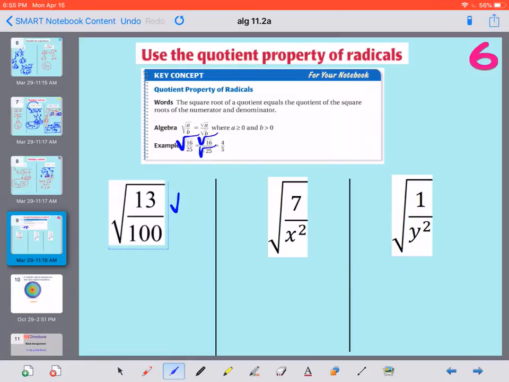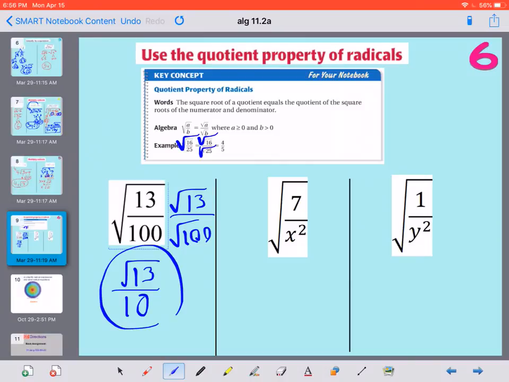In this case, we can do the square root of 13 divided by the square root of 100. When we simplify this, 13 is a prime number, so all we need to do is leave that as the square root of 13. I know the square root of 100 is 10, so I'm just going to find the square root of 100 there. So the square root of 13 divided by 10.